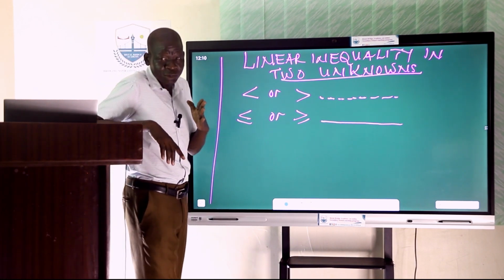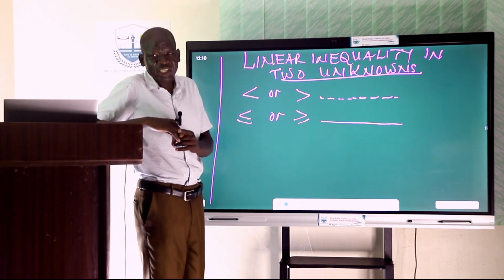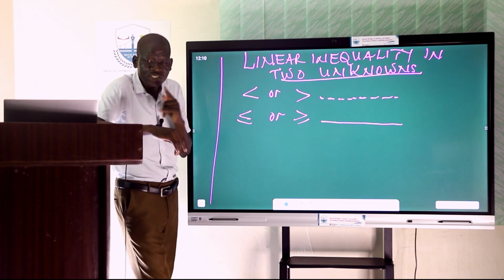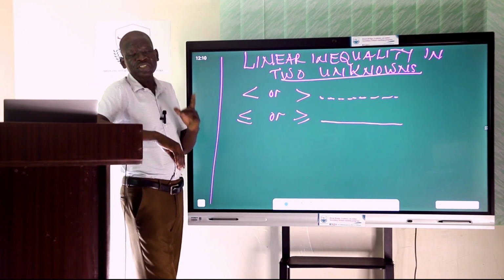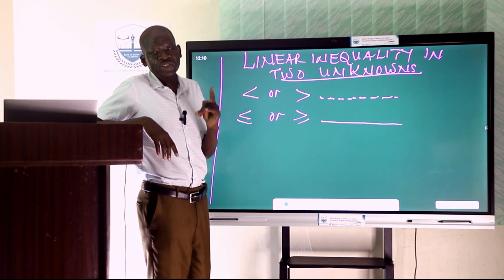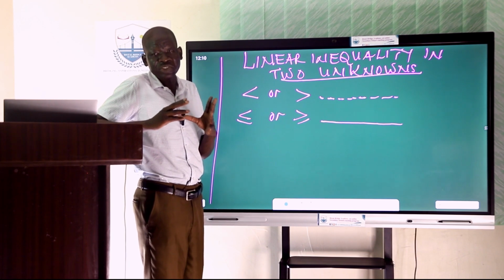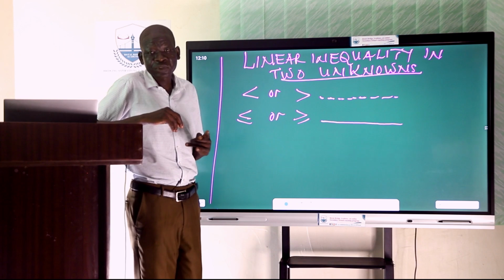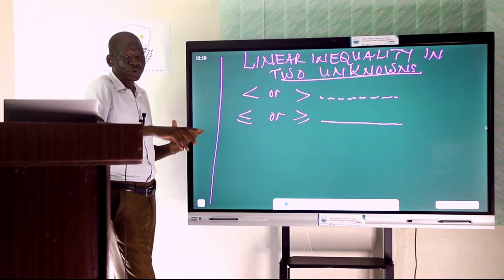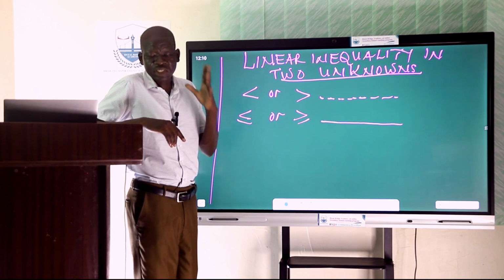The y-intercept is the value of y when x is equal to 0. The x-intercept is the value of x when y is equal to 0. So we establish those points, then we plot them, and after plotting them, we join them by using a straight line.